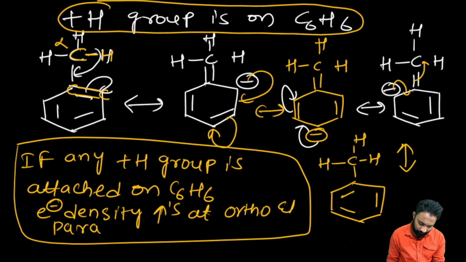Clear? Then next, we have seen how the minus M groups, if attached to the benzene, and if any plus M groups are attached to the benzene, how the electron density increased and how the electron density decreased. Now depending upon the different groups, how it has been classified. So many of the students make the mistake and get confused here itself.